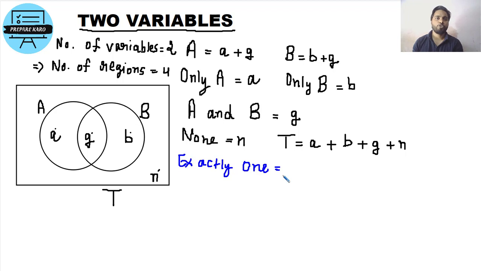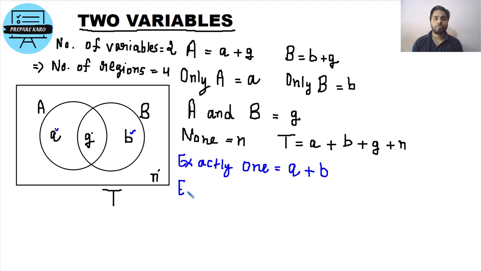Out of these 4 regions, if I look at small n, there is no variable present. If I look at small g, there are 2 variables present. If I look at small a, there is only one variable present. And if I look at region small b, there is only one present. So exactly 1 means small a plus small b.